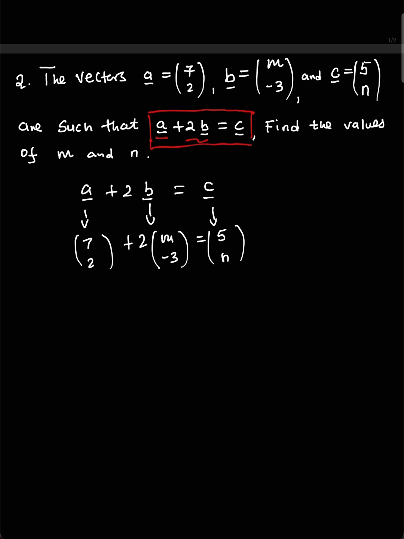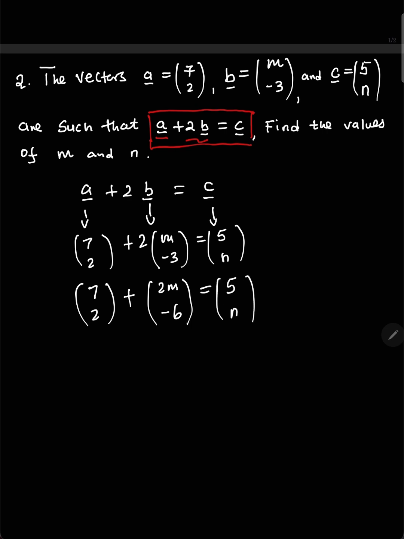Okay, every member of that vector should be multiplied by that scalar. So what I mean here is we will still keep our 7, 2 like that. So plus, so 2 will multiply m. So we're going to have 2 times m, which is 2m. Then again, 2 multiplied by negative 3, 2 times negative 3, that's negative 6. Then this is equal to 5n.